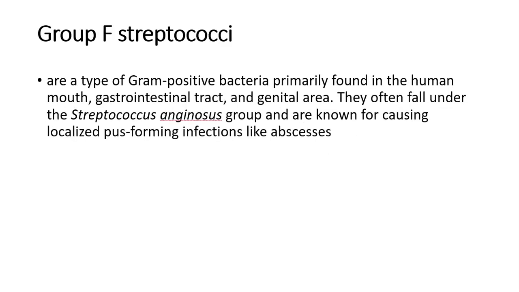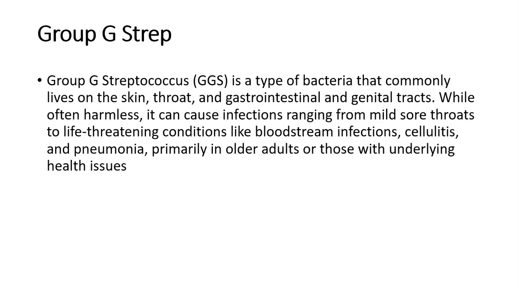Group F strep is a type of gram-positive bacteria found in the mouth, gastrointestinal tract, and the genital area. They often fall under the Streptococcus anginosus group and are known for causing localized pus-forming abscesses. Okay. Group G strep, I tell you, this does go on, is a type of bacteria that lives on the skin.